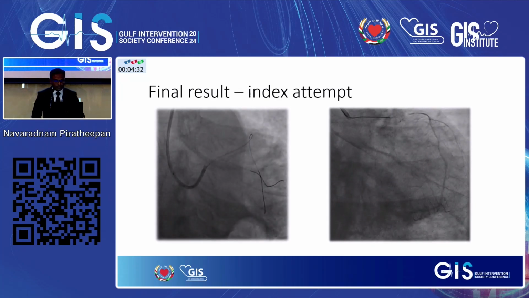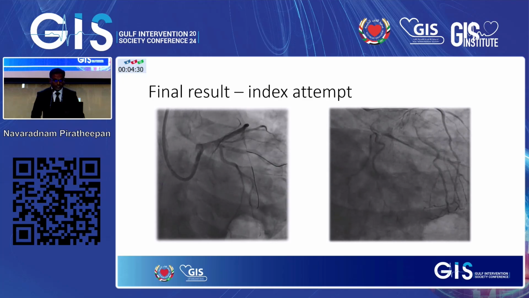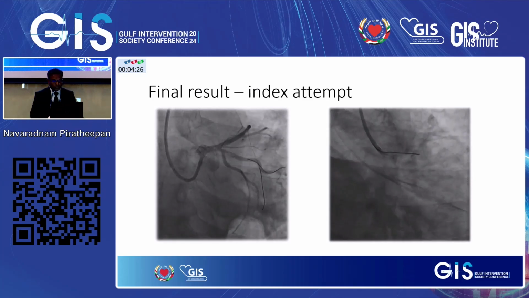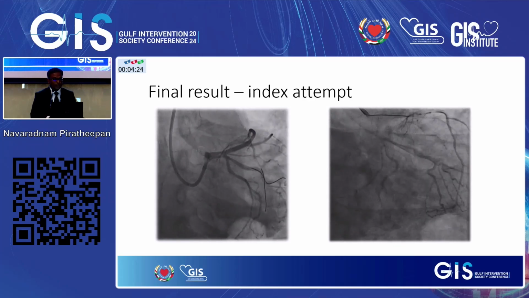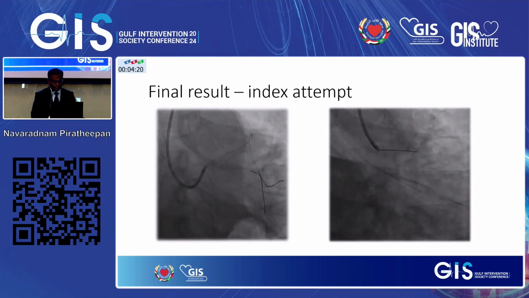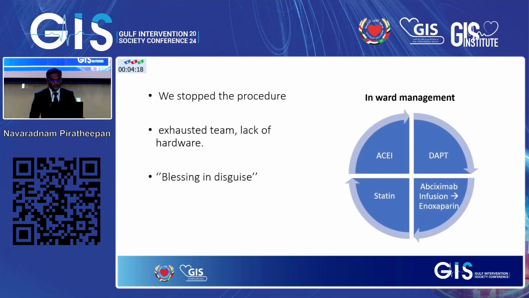As the patient was hemodynamically stable throughout, the staff were exhausted, and we didn't have any snares at the moment, we stopped the procedure. Fortunately, there was no complication for the next 48 hours. We initially gave abciximab infusion, then enoxaparin, ACE inhibitors, and dual antiplatelet therapy.